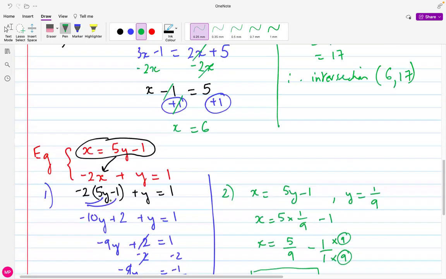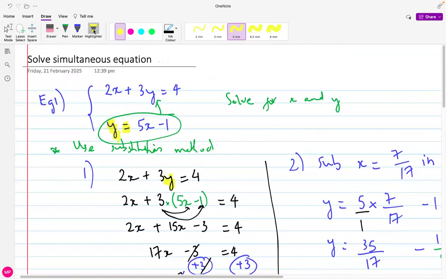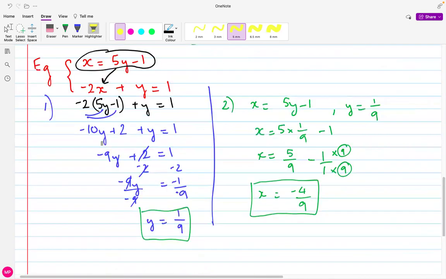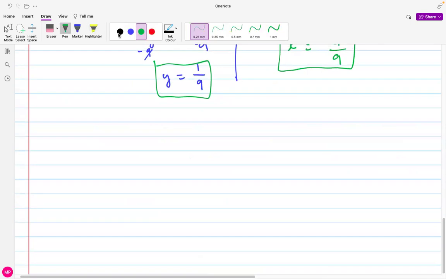Okay, so all the examples that I have done so far use the substitution method. So we use that when one of the letters is by itself, is the subject. Now we're going to move to another method, which is elimination. With elimination, let's see how that's different.